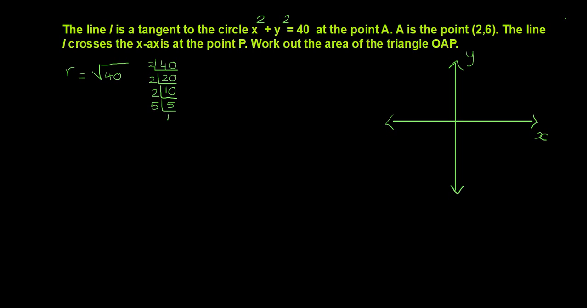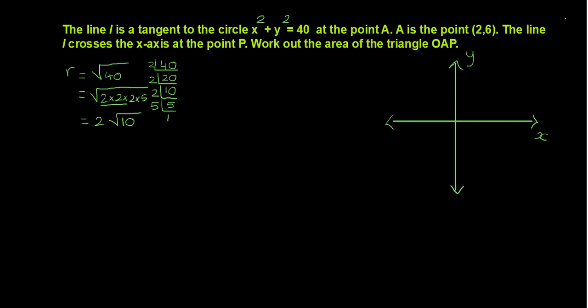That gives you 1. So root 40 is 2 times 2 times 2 times 5, and that's one pair, so one of them will come out of the square root, 2, and there are no more pairs, so that'll be 2 root 10. So the radius is 2 root 10.